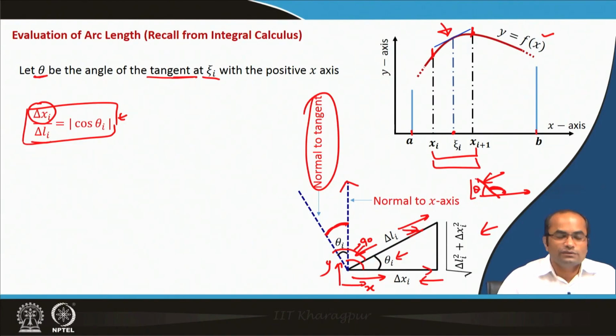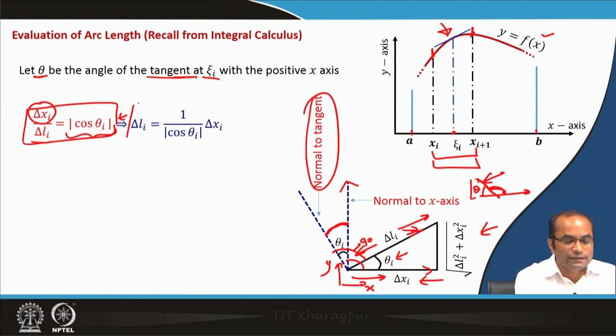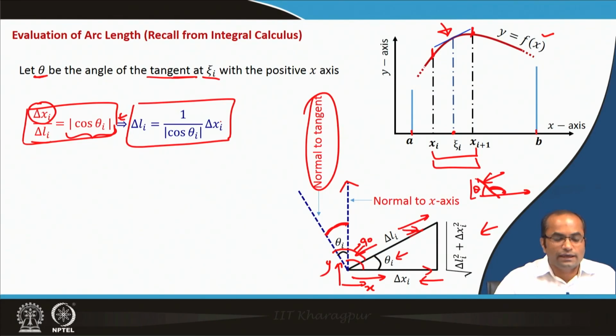It is natural to see that delta L I will always be greater than delta x I, and this ratio is the cos theta I and its absolute value. So, we have delta L I equal to 1 over cos theta I times delta x I.